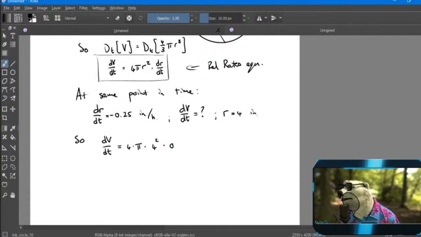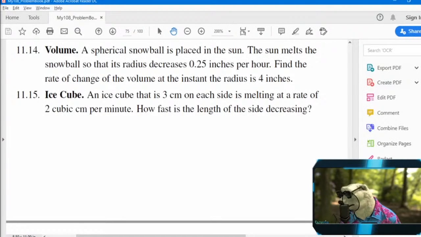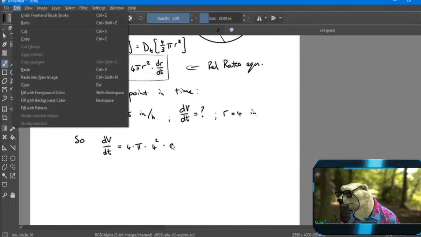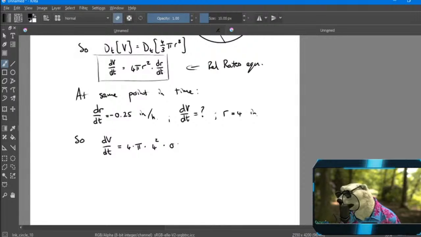The radius was decreasing, right? Radius decreases, so the rate of change is therefore negative. So negative 0.25, and we're ready for our calculation.